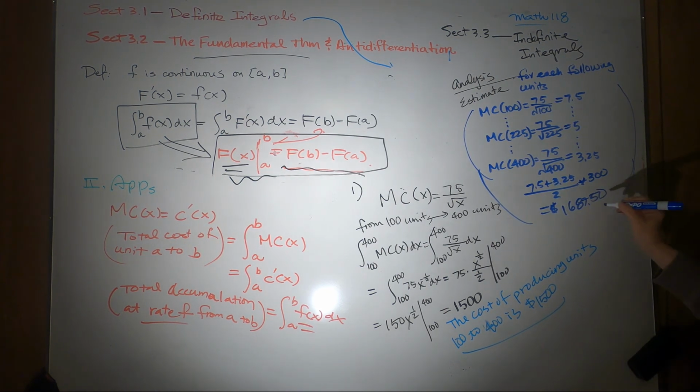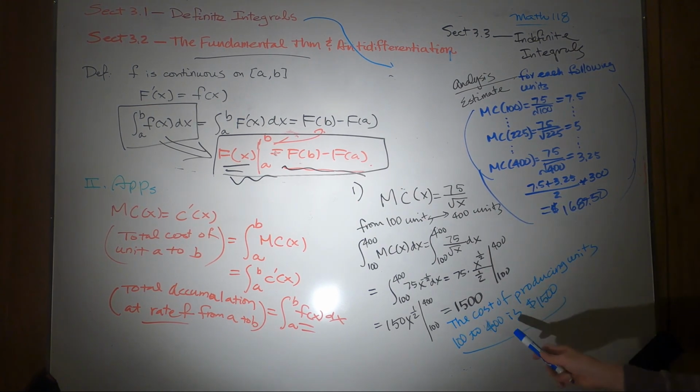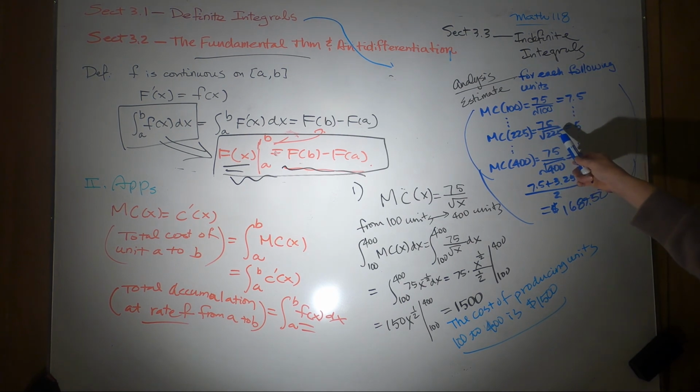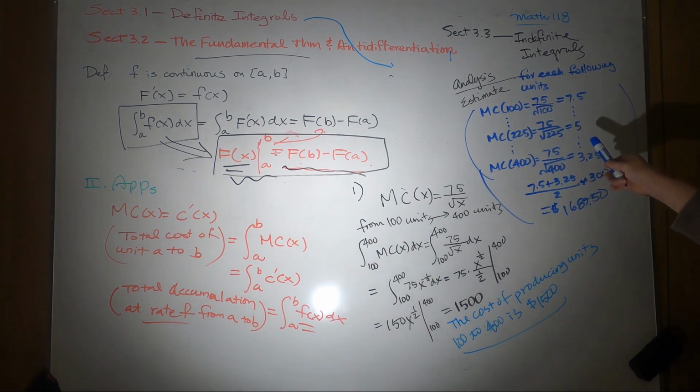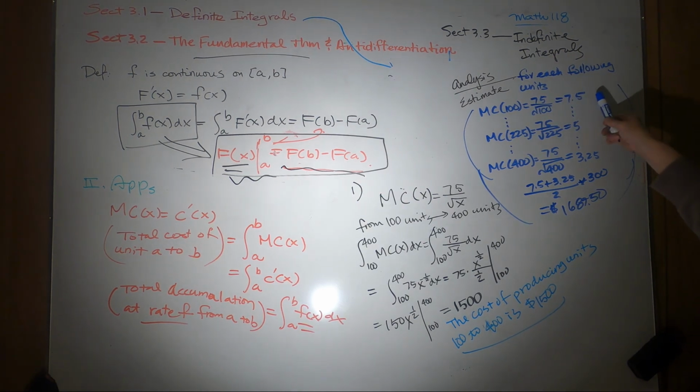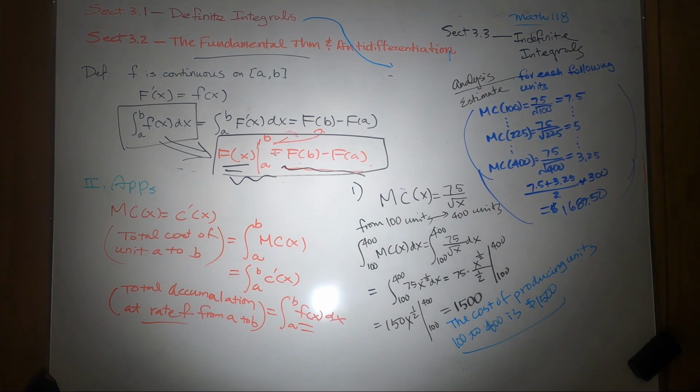Okay, so it's close to 1500 because this is a continuous concept, because this one, the marginal cost, is at that point 7.50. It's just close enough, not exact.